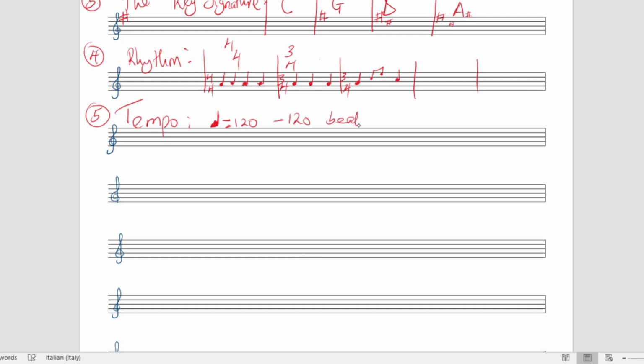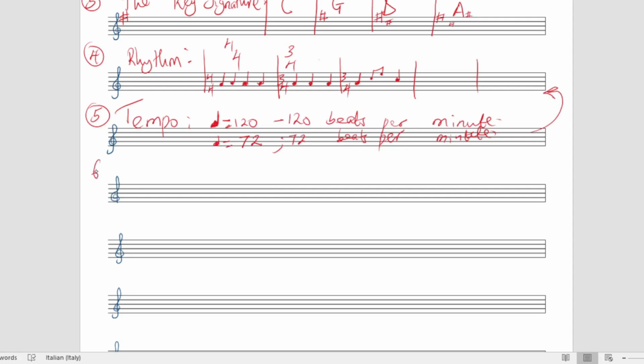The numbers can vary. You can also find it at 72. This means 72 beats per minute. Therefore, as you clap your rhythm over here, you need to know how fast and how slow it should be so that it is steady.